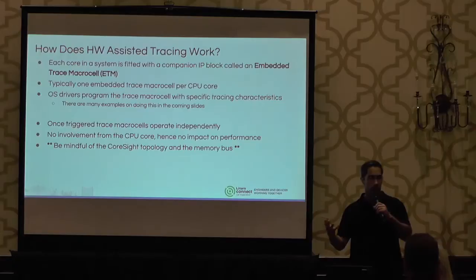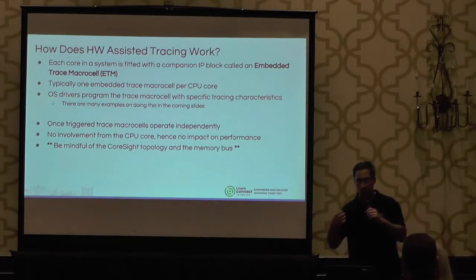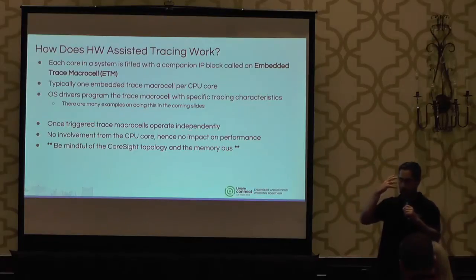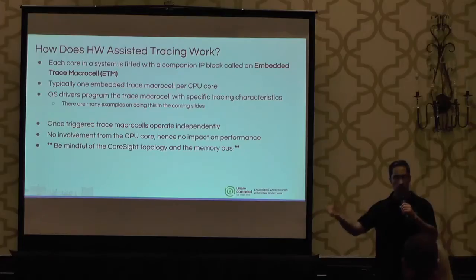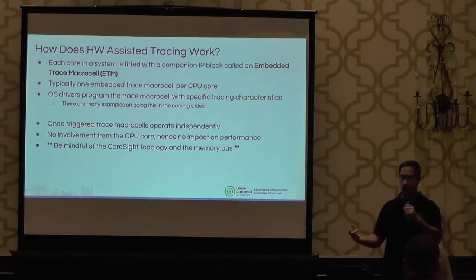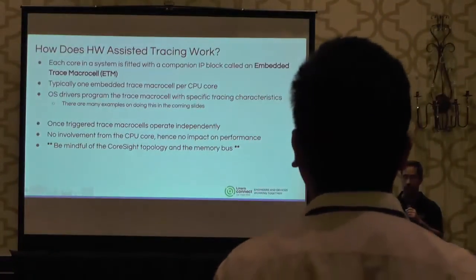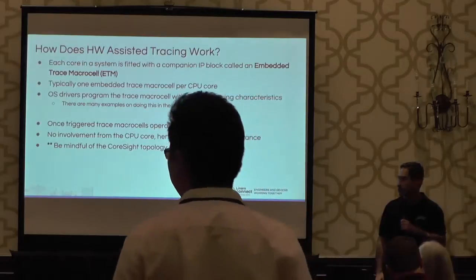That way, there would be contention on the bus, and we would obviously impact processing. So when looking at trace scenarios with CoreSight, one has to be mindful of what that scenario is and how we're handling the trace data that are then picked up in the sink buffer. There's always a way to not impact the processing units on the CPU.